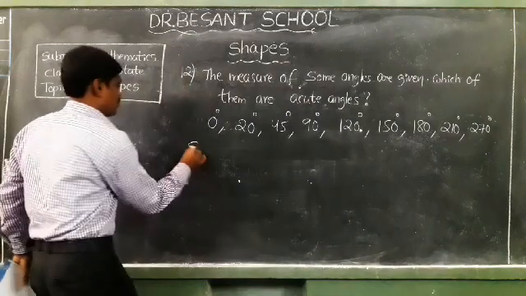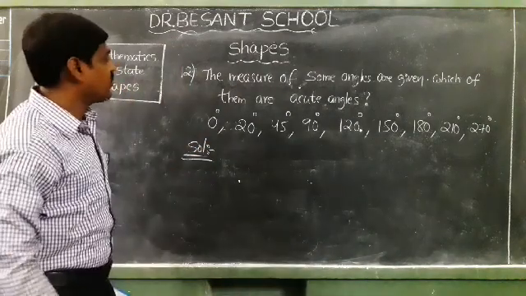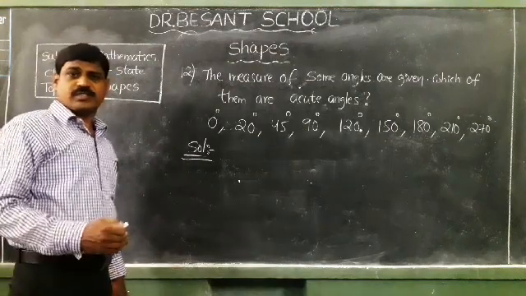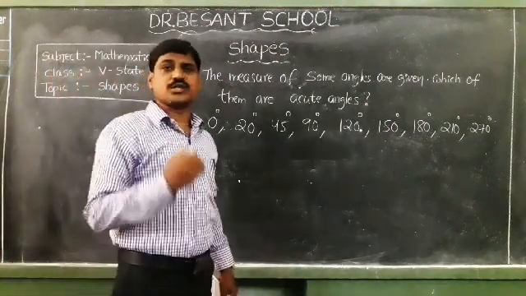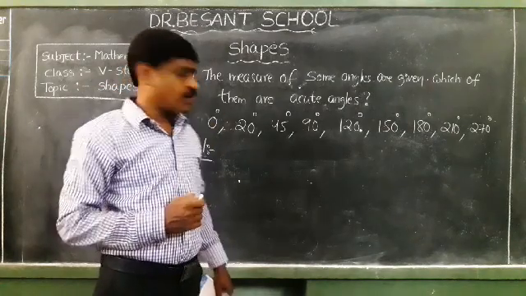So, the measures of some angles are given, which of them are acute angles? Acute angles means the angles which are more than 0 and less than 90 degrees. Okay.